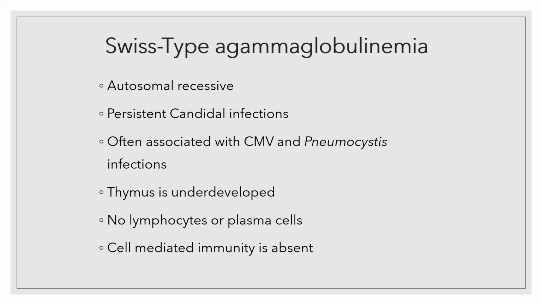People that have Swiss type agammaglobulinemia are more prone to get CMV infections and pneumocystis infections. Their thymus is underdeveloped, and their other lymphoid tissues are underdeveloped as well. They have no lymphocytes or plasma cells in the blood or bone marrow, and cell-mediated immunity is absent. A bone marrow transplant from an HLA identical sibling may correct this defect.